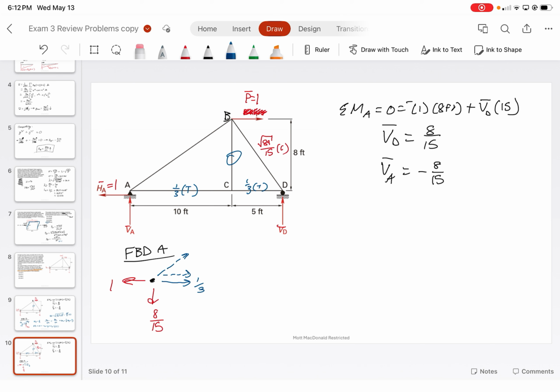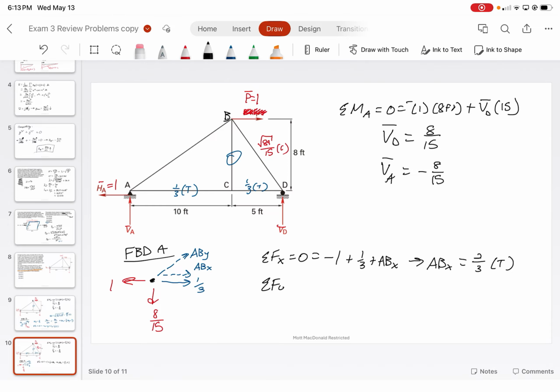And then we're going to have ABY and ABX. From sum of the forces in the X direction equals 0, we have -1 plus 1/3 plus ABX. And this gives us ABX is equal to 2/3, and that is obviously going to be in tension.